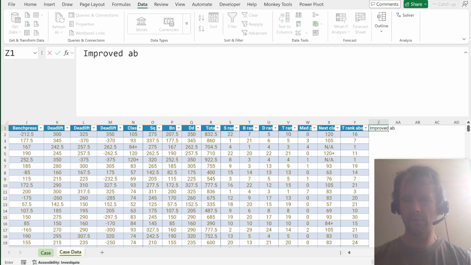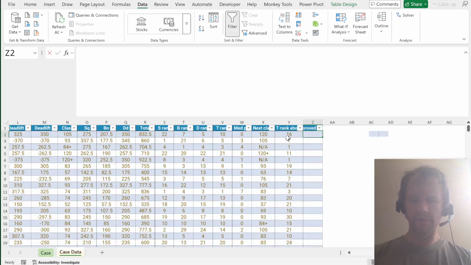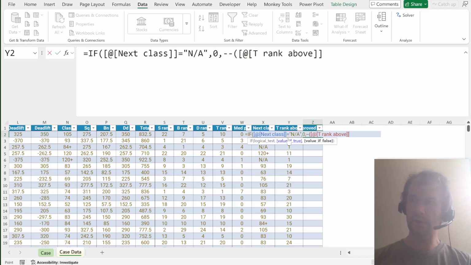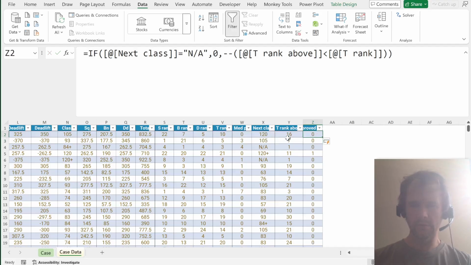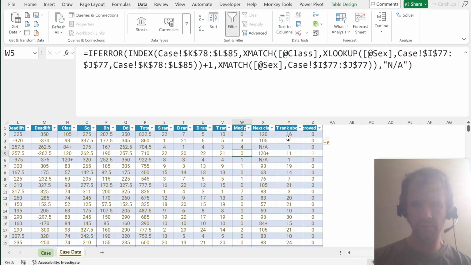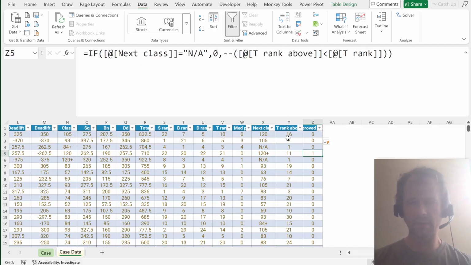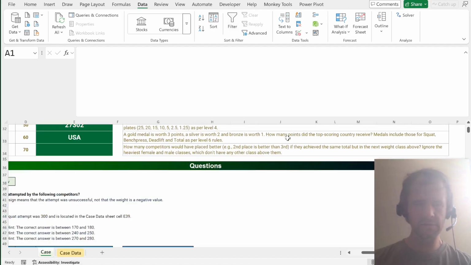Improved above. So we're going to say if this equals NA, then 0. Otherwise, minus minus, this rank has to be less than this rank. So here's someone who was ranked 21st in their weight class, but would have been ranked 11th in the weight class above. Fine. So the answer is 62. So let's paste with some.